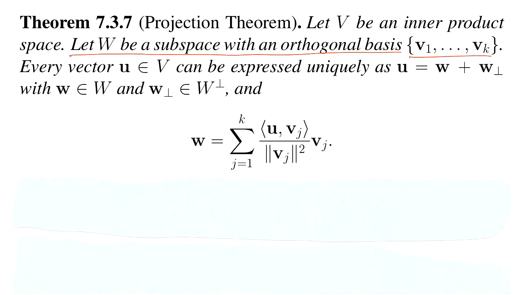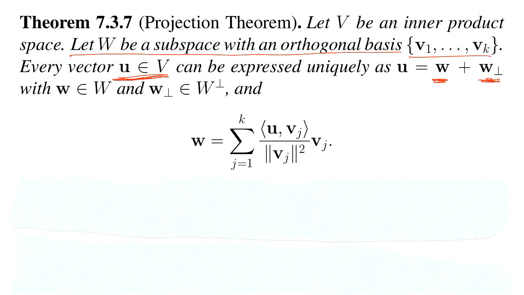Then the claim is that everybody in V can be written as something from W plus something from W perp. Okay? Everything in V, if you've got a subspace W, it's got an orthogonal basis. Everything in V can be written as something from W plus something from W perp.